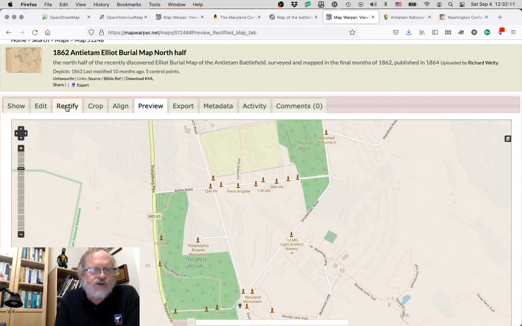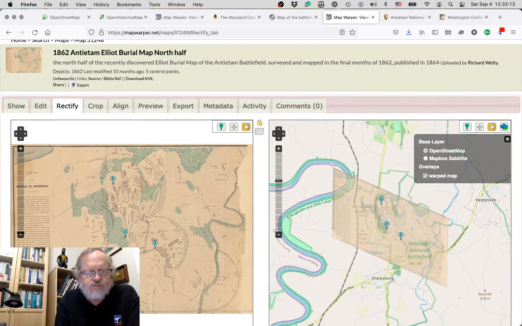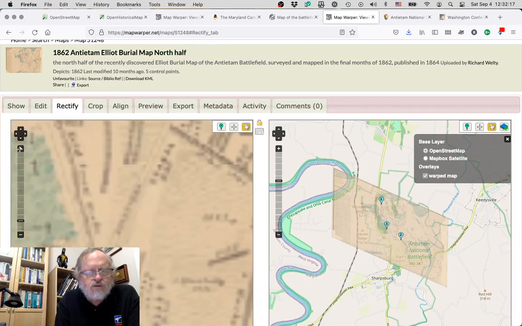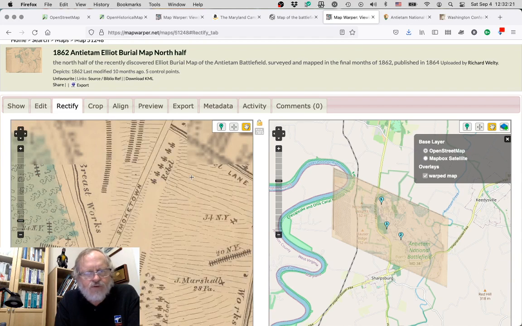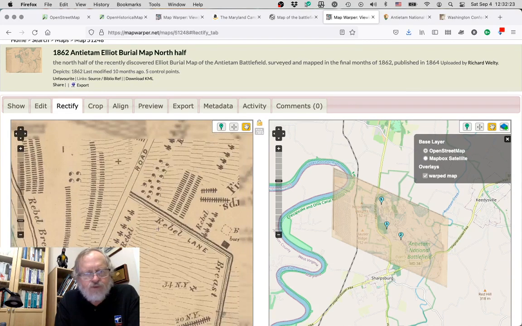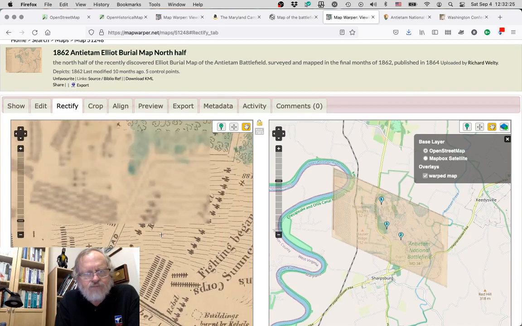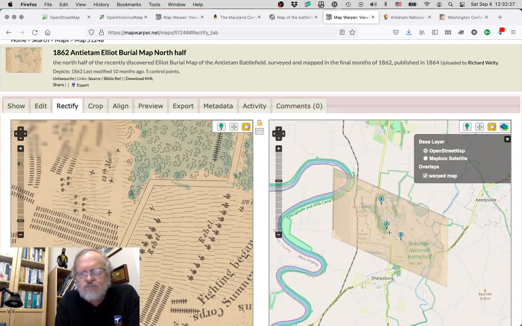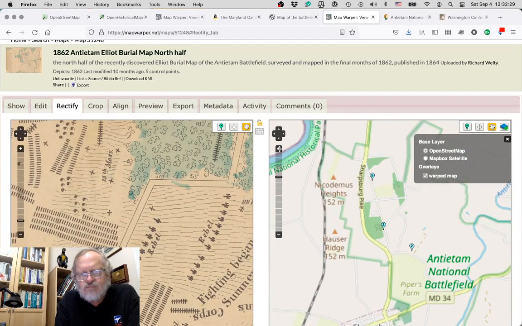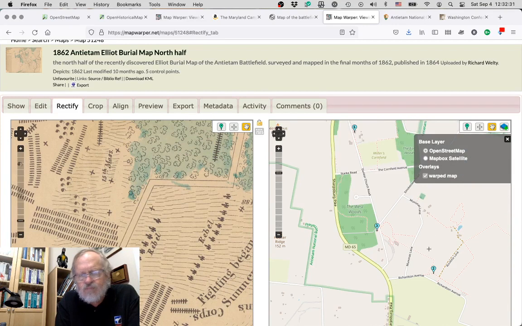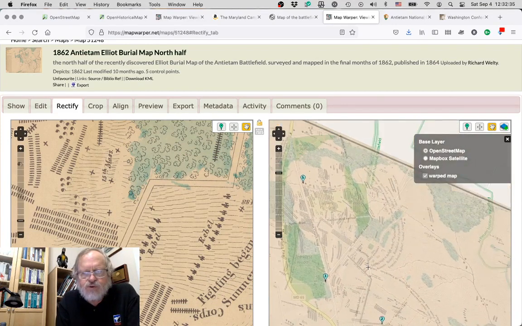So let's go back to rectification, and let's see if we can at least get the Smoketown Road somewhere kind of okay. Yeah, actually we'll probably go delete 2 as well, because that seems like that's one that's dragging us down.